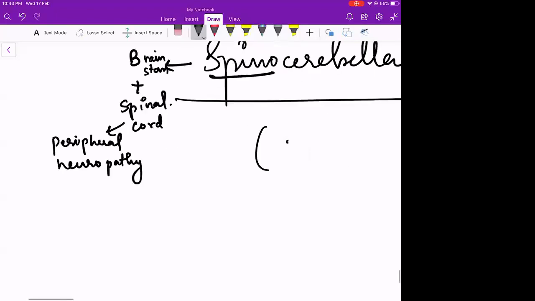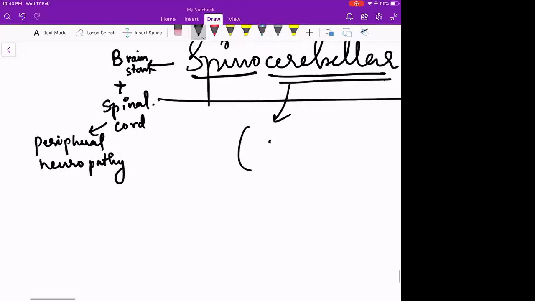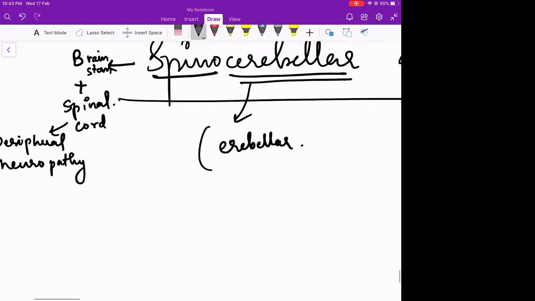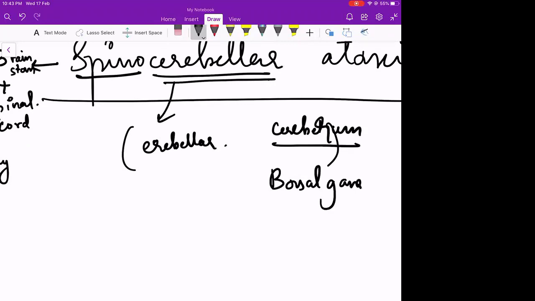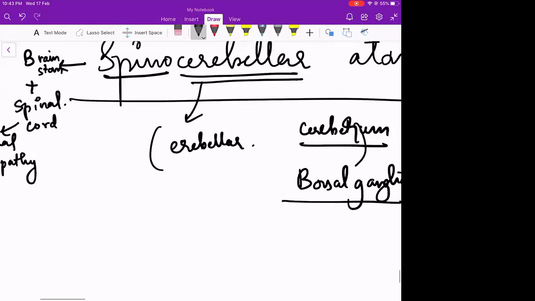As the name suggests, cerebellar, the patient will have cerebellar symptoms. Apart from that, the patient will also have other pathologies, meaning the cerebrum also will be affected, and even the basal ganglia is affected. So the patient predominantly will have spine and cerebellar symptoms.